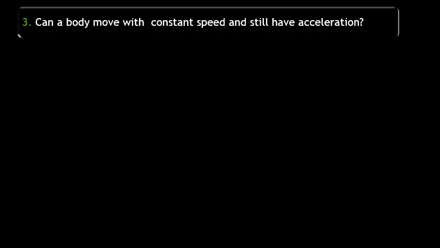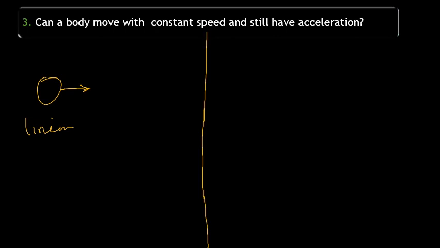Now I need you to remember that if a body is moving with constant speed in a linear manner, on a straight line, that means the speed is constant and the direction is also constant because it's moving along a straight line. Therefore, acceleration is equal to 0.